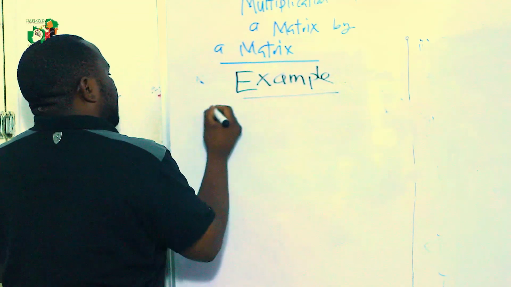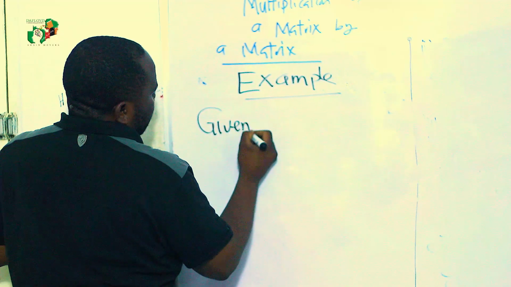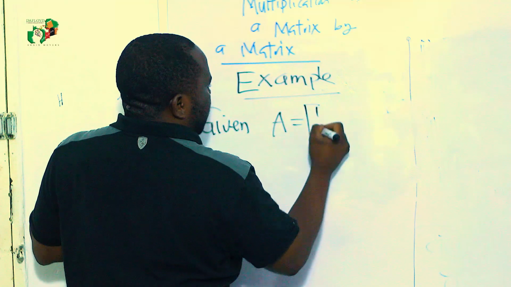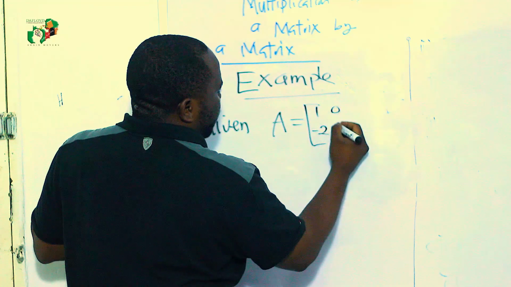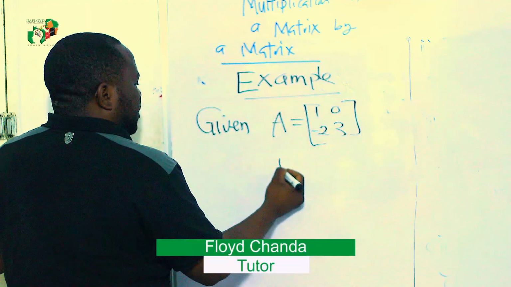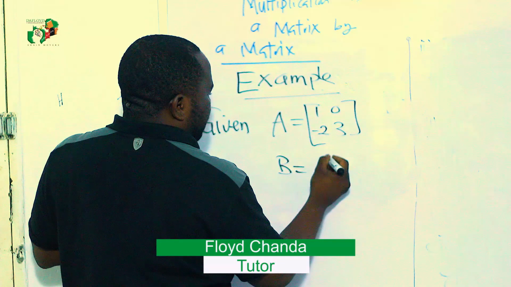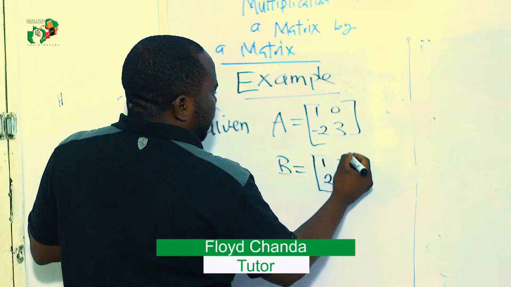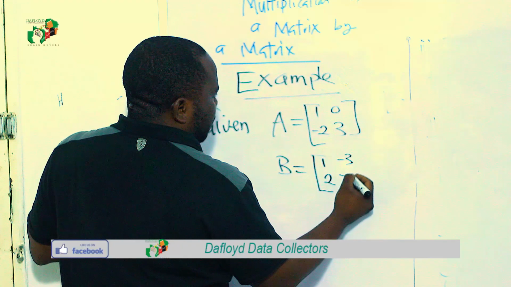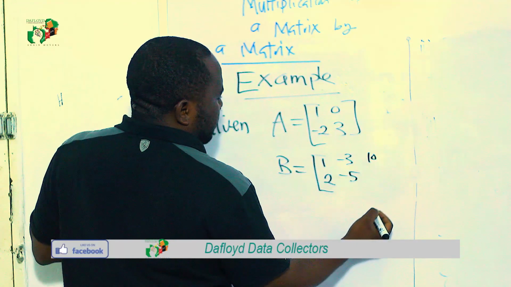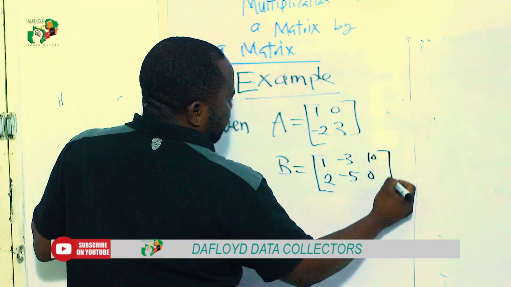Example: given matrix A is equal to, let's say, 1, -2, 0, 3. And matrix B is the same as, let's say, 1, 2, -3, -5, 10, and here we say 0.